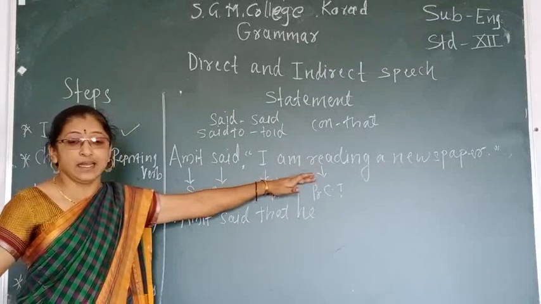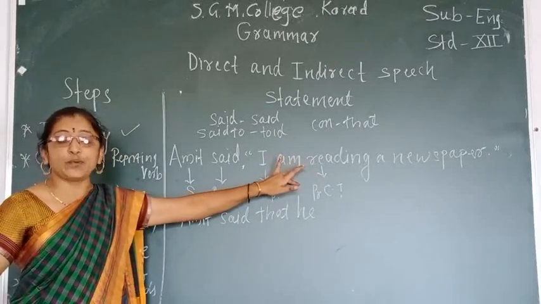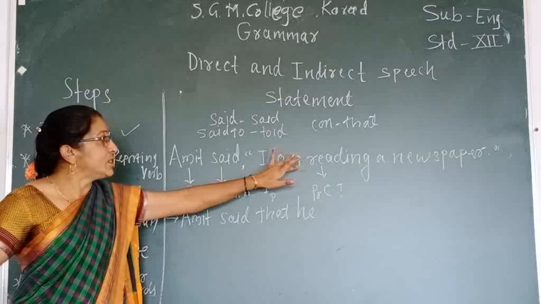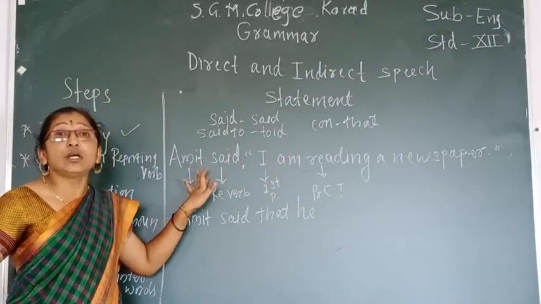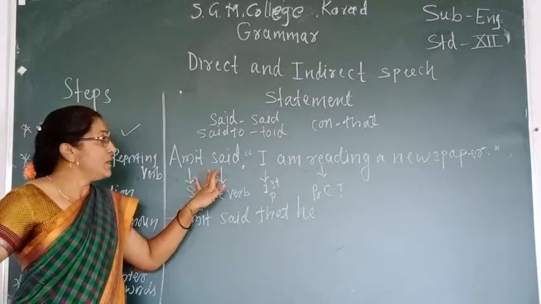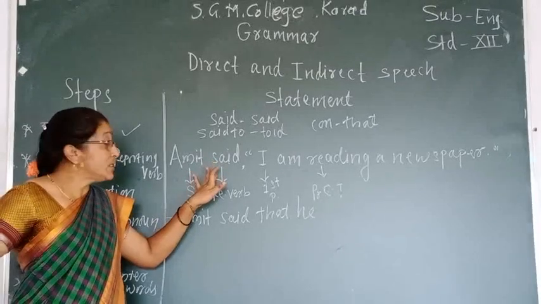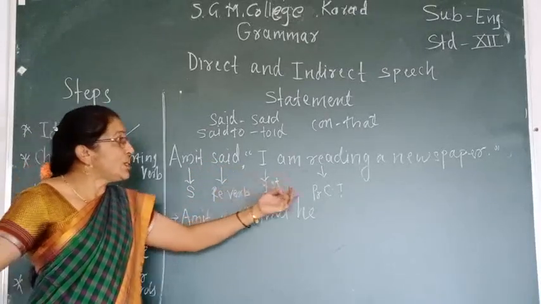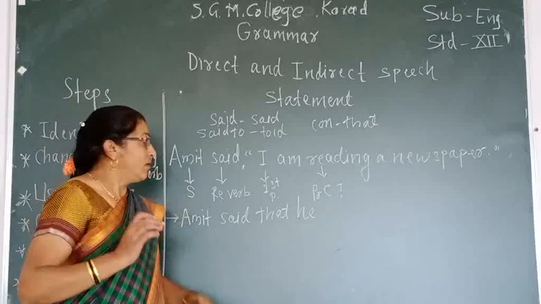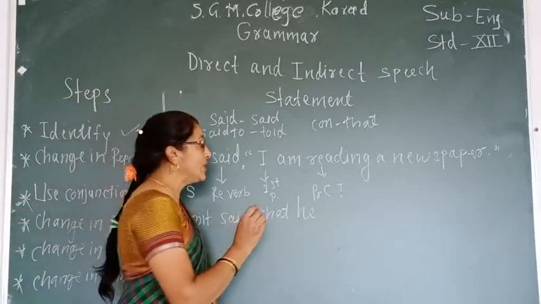Always remember, the tense in the reported speech is changed according to the reporting verb. The reporting verb is in the past tense, so we change the present continuous tense into past continuous tense.